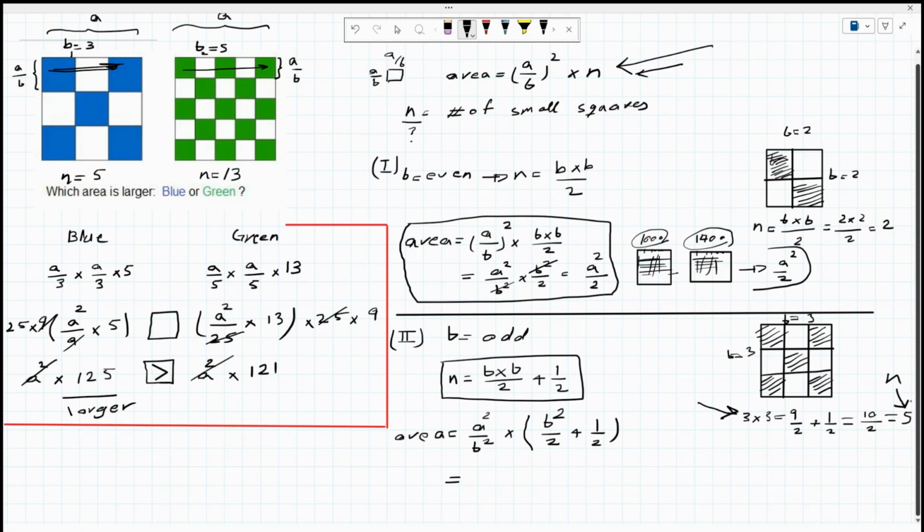So this equals a² divided by b² multiplied by (b² plus 1) divided by 2. So equals (a²b² plus a²) divided by 2b². This is a very important function here. So this is going to be our area.